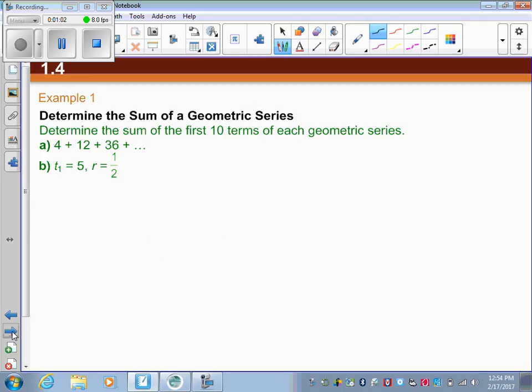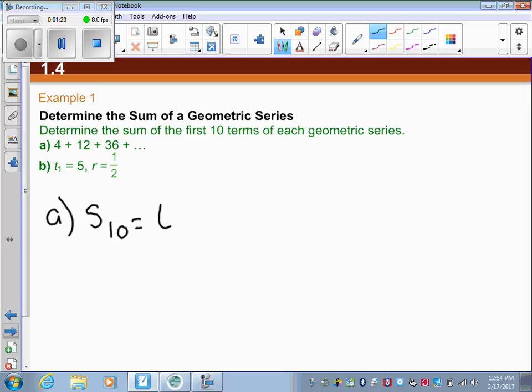Okay, so determine the sum of the first 10 terms of each geometric series. So it's telling us what the term number is. We just need to find out the sum, a fairly straightforward question for part A anyway. So they want us to find the sum of the first 10 terms.